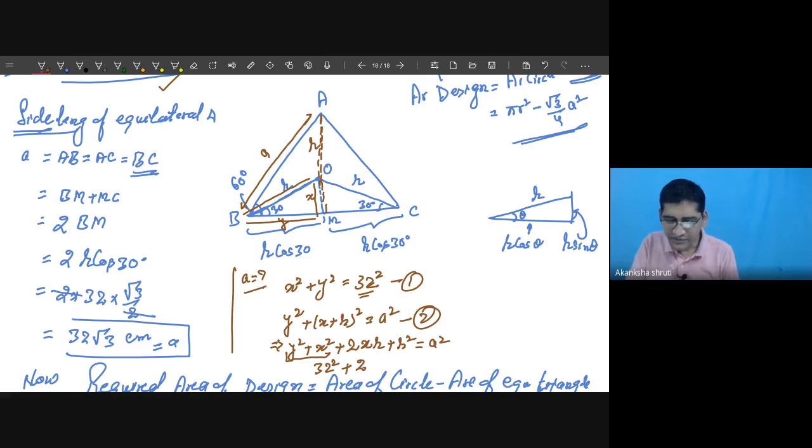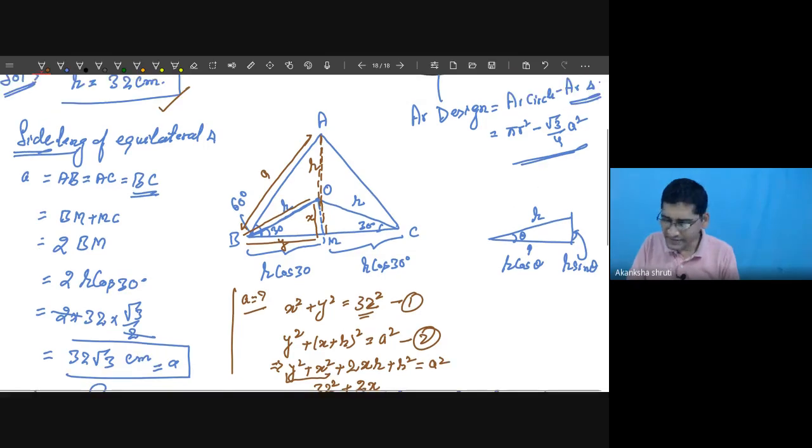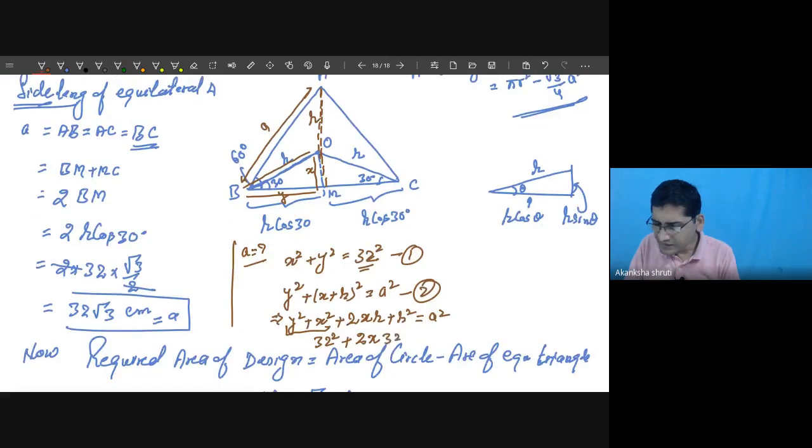So twice of x, calculate the x here or take the x itself. But r is known to us. R is our 32, plus 32 square is equals to a square. Are you getting? So this way you have to calculate this x and a. Again you have to substitute this x from the first one and then you have to solve it.